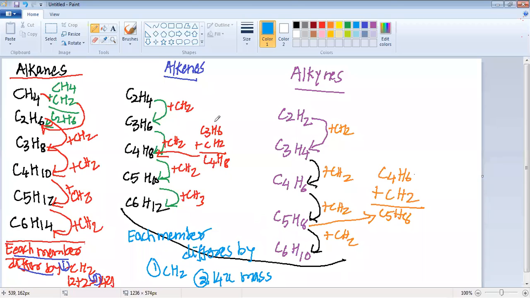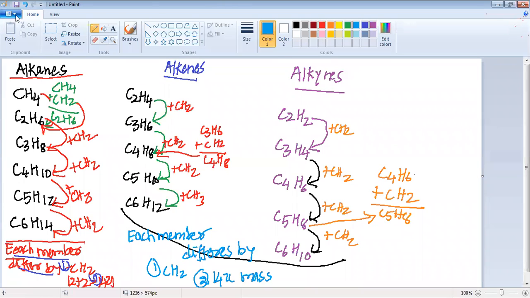So this is something very important that we have studied today, that alkanes, alkenes and alkynes, they form a great number of compounds, and these great number of compounds, they differ by CH2 and 14U mass.